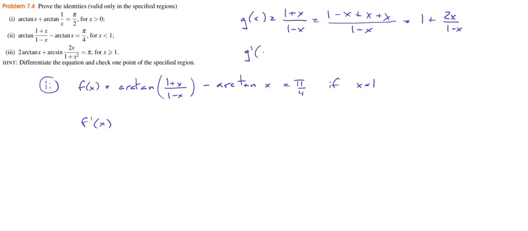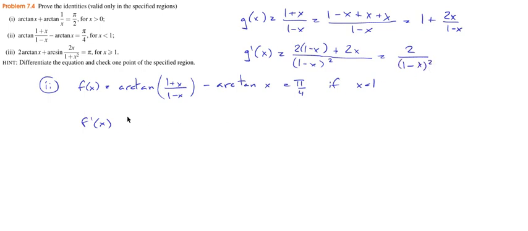So g prime is going to be, this is 0, and then we have 1 minus x squared in the denominator, and in the numerator 2 times 1 minus x, minus 2x times the derivative of 1 minus x, which is minus 1, so plus this. The derivative is 2 minus 2x plus 2x, so we have 2 divided by 1 minus x squared.